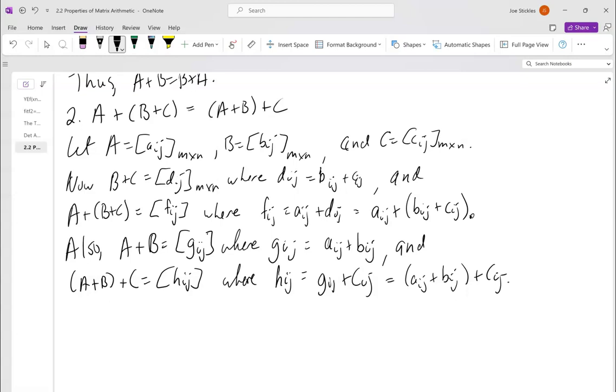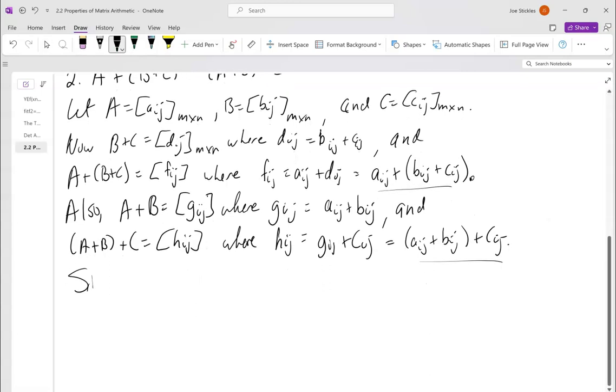Well, notice here again, what we've got here are statements about real number, complex number, whatever, addition. What do we know about real number or complex number addition? It is associative, right? We can regroup.